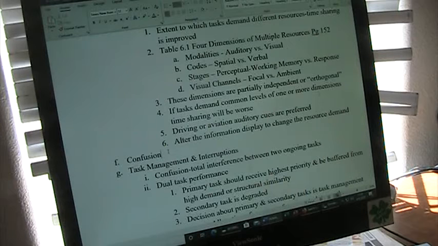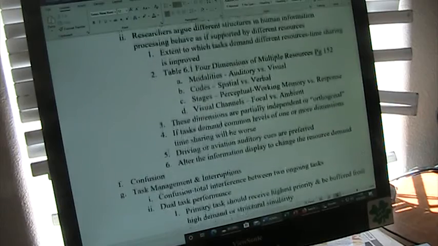One of the examples they give in the book is trying to monitor basketball scores while doing mental arithmetic. That means that you're probably going to get those two confused.